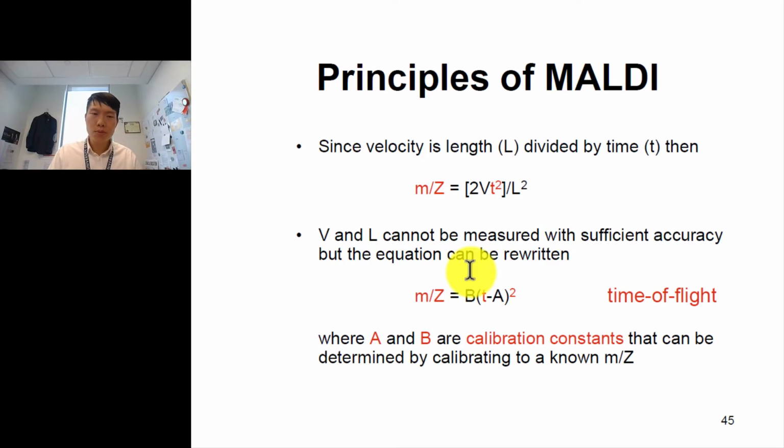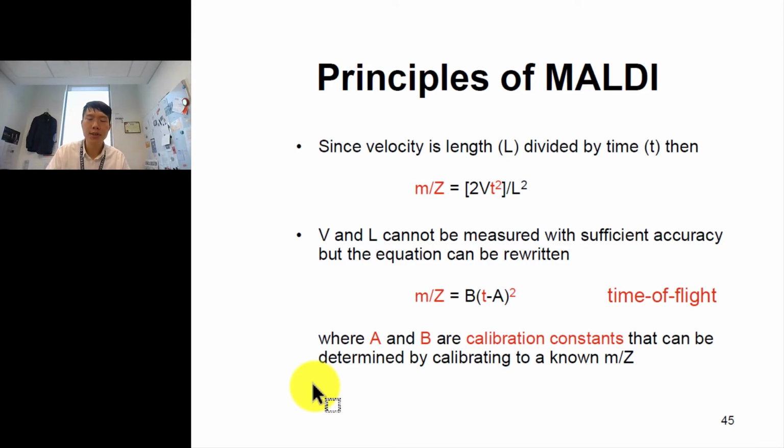So now we do some simple translation of the formula. Because velocity is length, right, of dimension over time. So then your m/z, you divide, is what you get. But the v and l here, you cannot measure with enough accuracy inside the mass spec, right? It's not a piece of ruler you can just measure by eye.